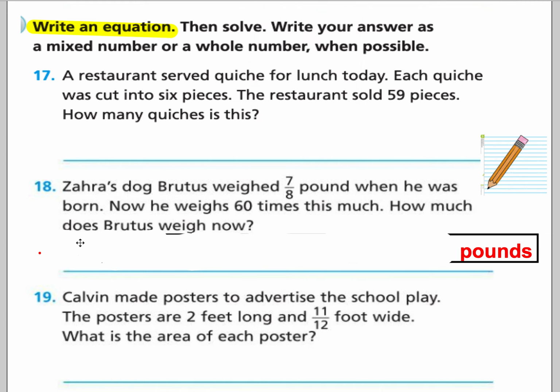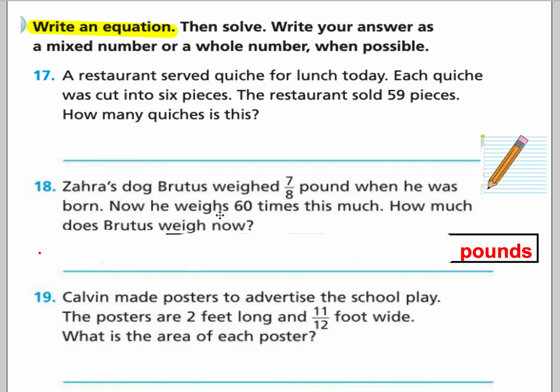So first off, let's read number 18. Zara's dog Brutus weighs 7/8 of a pound when he was born. Now he weighs 60 times this much. How much does Brutus weigh? I want you to think before you write. What's the equation? Are we adding, dividing, subtracting, or multiplying?